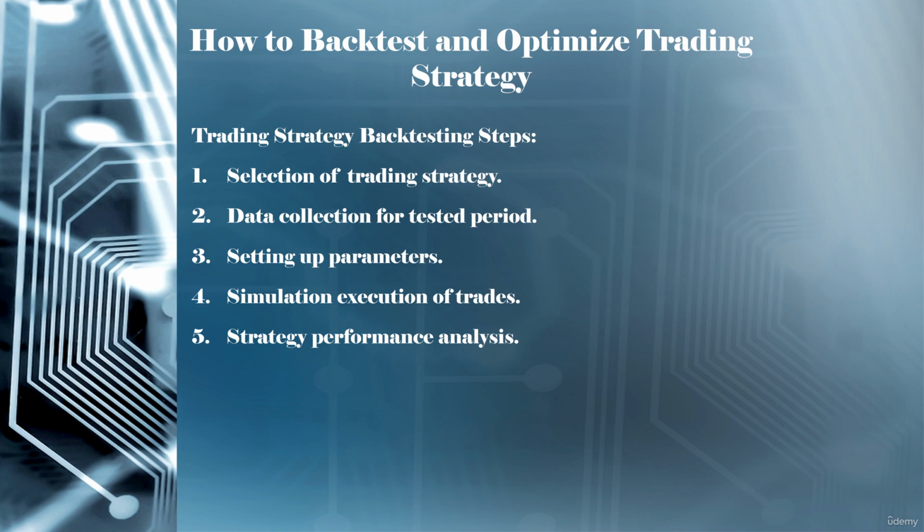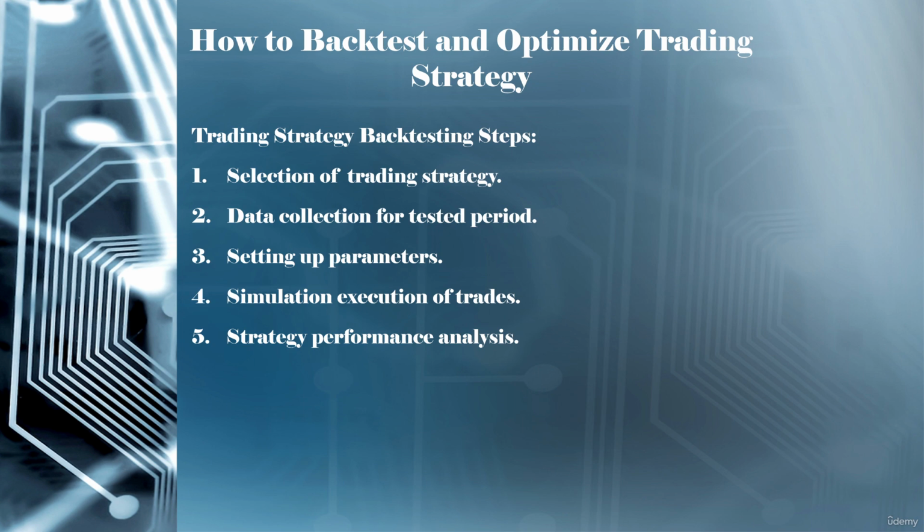In the third step, we set up strategy parameters or indicator parameters. We define the parameters of a trading strategy or indicator, including entry and exit criteria, stop loss levels, take profit levels, and any other relevant rules. These parameters should be based on the rules we would follow in live trading.